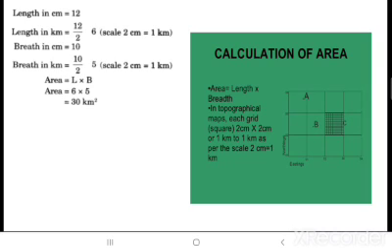For the area you need both length and breadth. Because the grid reference is a square, all the sides would be equal. So area for a square is side squared. If you are taking one grid reference only, it is 2 centimeters into 2 centimeters, and you can convert it into kilometers. Then easily you can find it out.